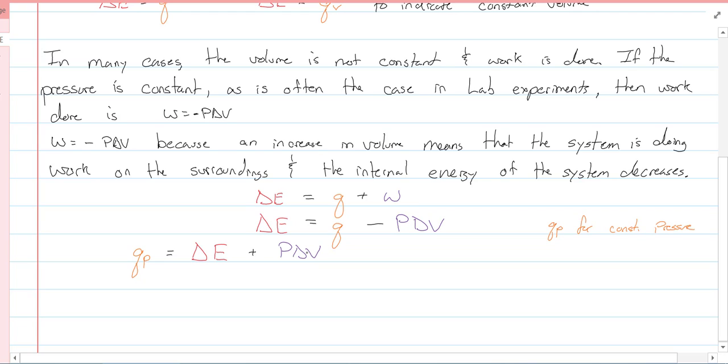And Q, honestly, we can measure. That's pretty easy to measure. Thermometers, we have very good thermometers. P dV can be difficult to determine.